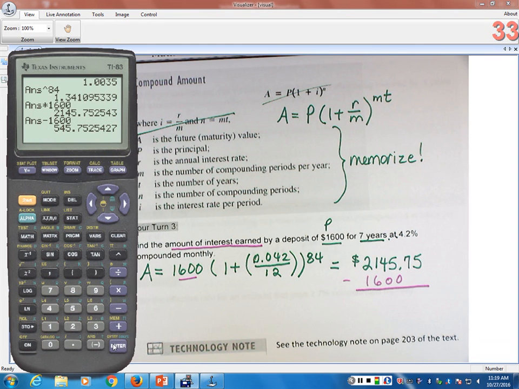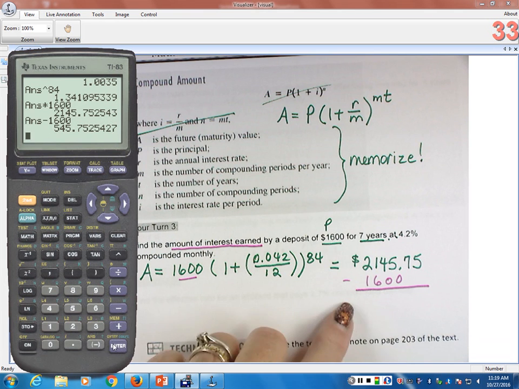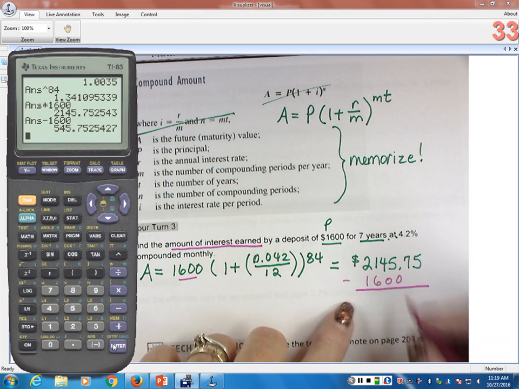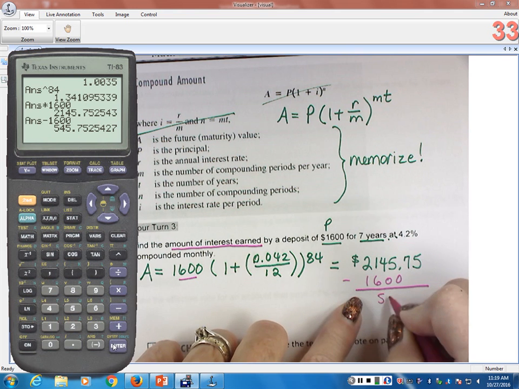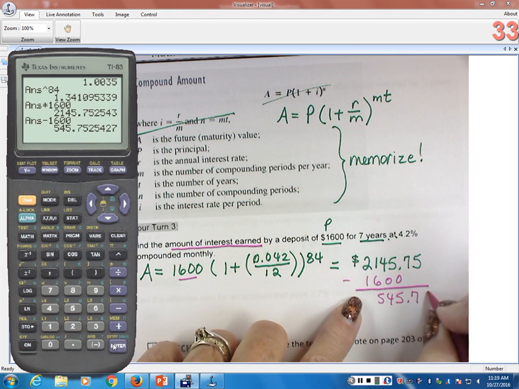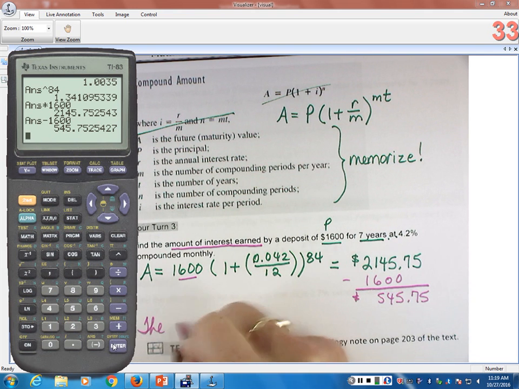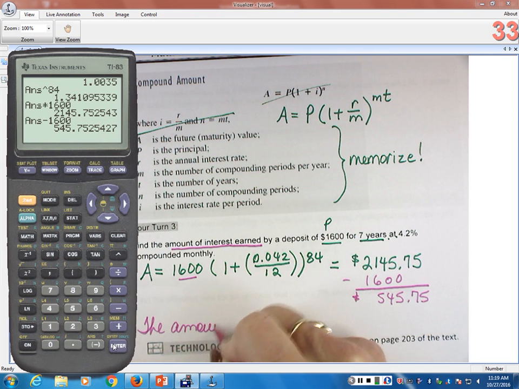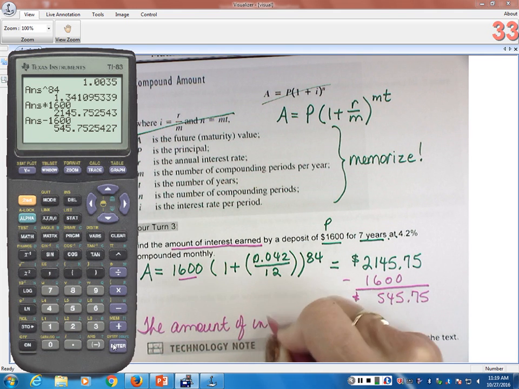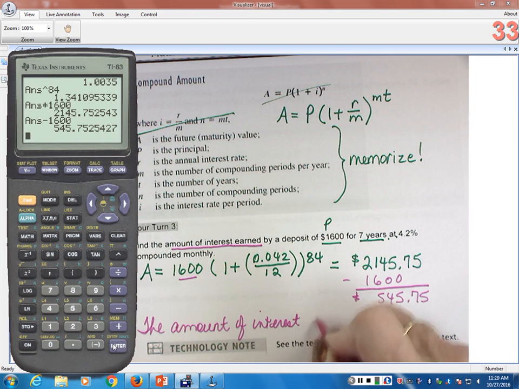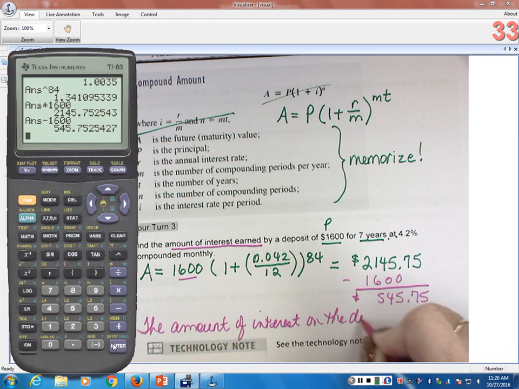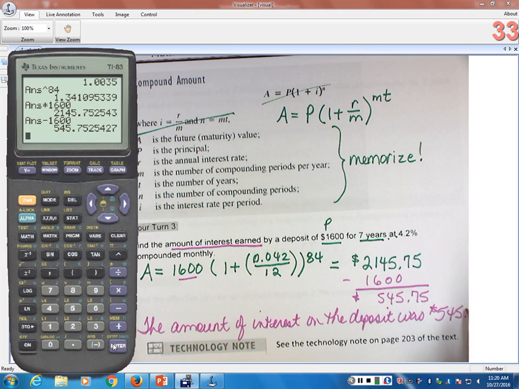And the amount of interest that was earned was $545.75. So you always want to answer the question.